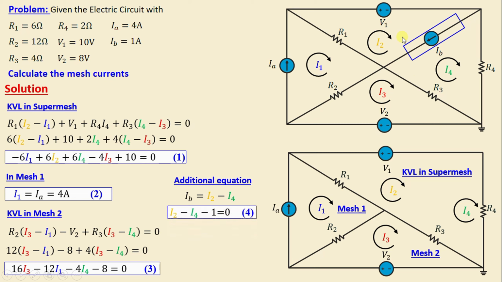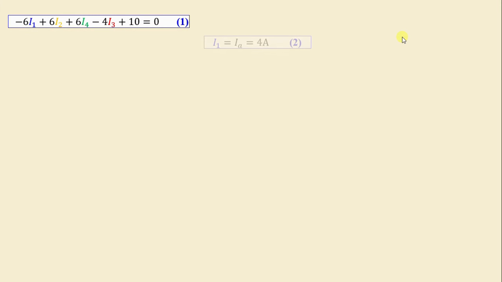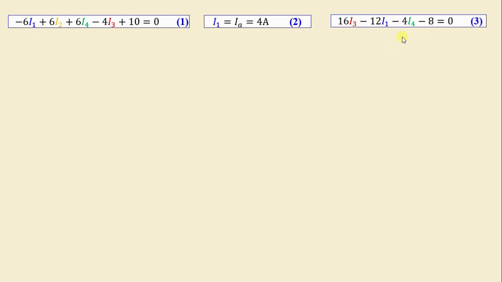That means I2 minus I4 minus 1 is equal to 0, and I will call this equation 4. After we finish applying the supermesh analysis, we obtain 4 equations with 4 unknowns. We still only need to solve those equations in order to find the mesh currents.